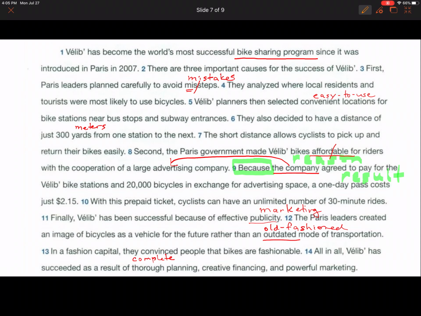Because the advertising company agreed to pay for the Vélib bike stations and 20,000 bicycles in exchange for advertising space.